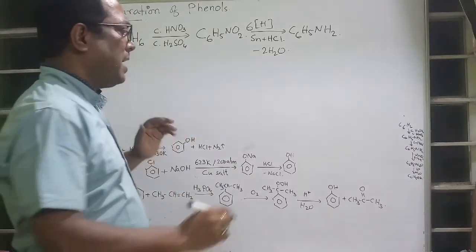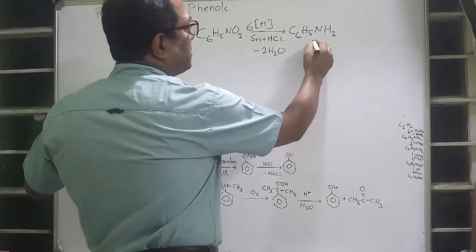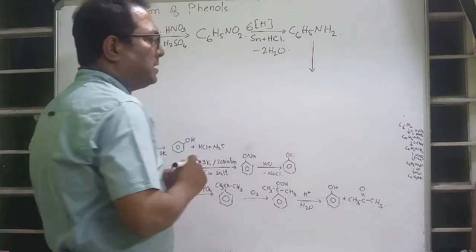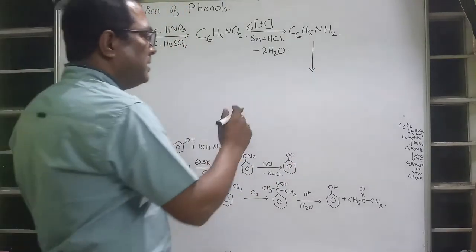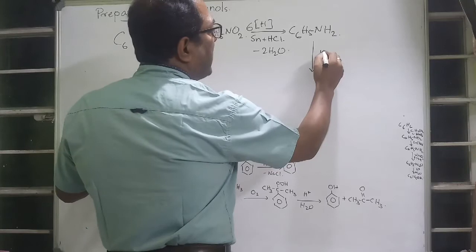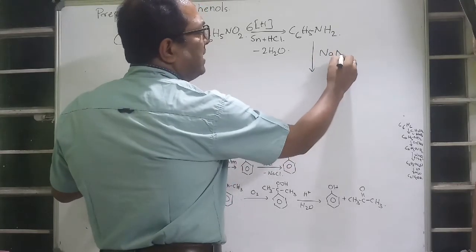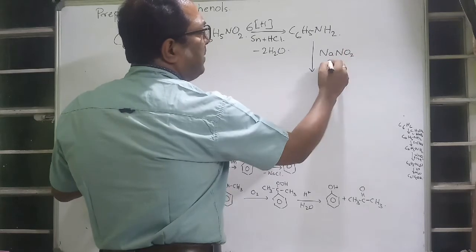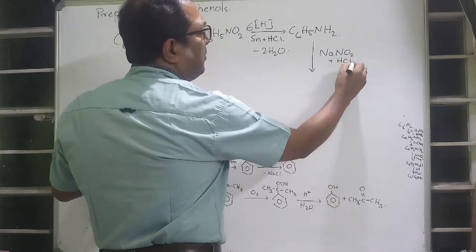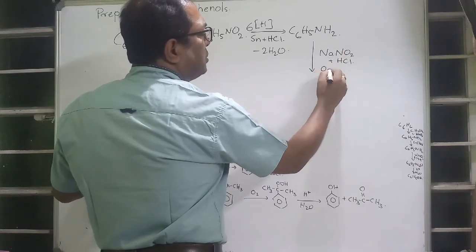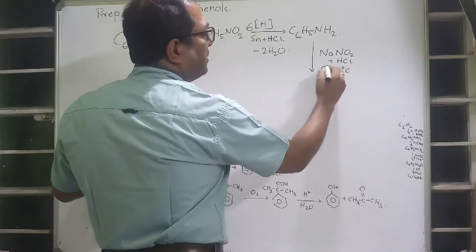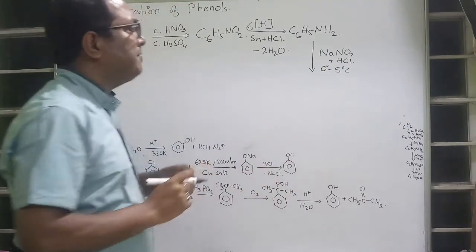What we require now is that when this C6H5NH2 is treated with nitrous acid, how are you going to make nitrous acid, student? We take NaNO2 plus HCl between 0 to 5 degrees centigrade.